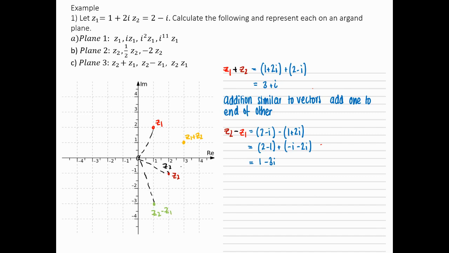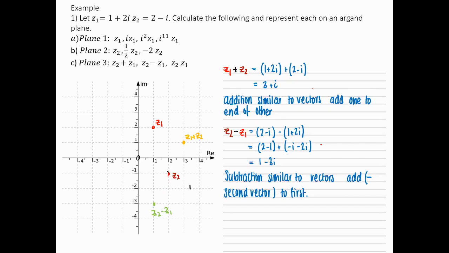Now if I take z2 and I add minus z1 onto the end of it, so opposite direction, rotating 180 degrees, starting at that point z2, again, I end up at this complex number that I got in my answer. So subtraction is also similar to vectors in a sense geometrically.